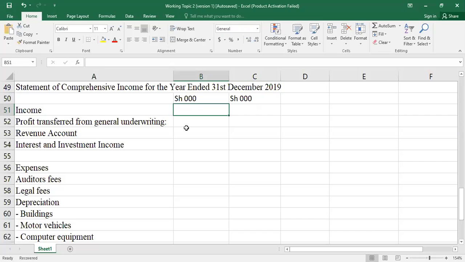On the income side, we have the profit that was transferred from the general underwriting. What was that figure again? Someone read the figure for me. 21,700. So it was 21,785.